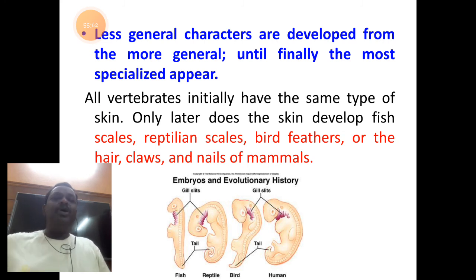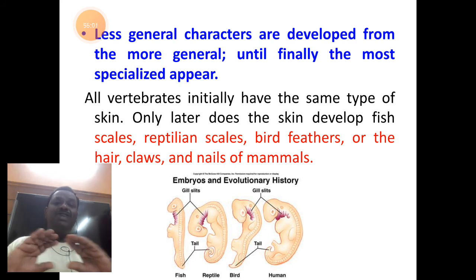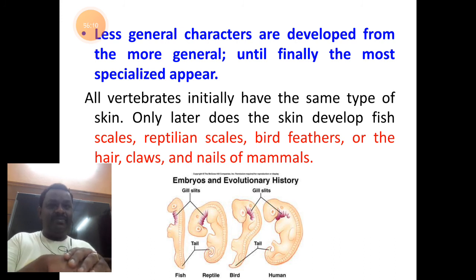The second postulate is that less general characters are developed from more general characters until finally the specialized characters appear. What does this concept talk about? We know that all vertebrates initially will have the same type of skin. Every organism, right from the fish to the mammals, will have the primitive skin.